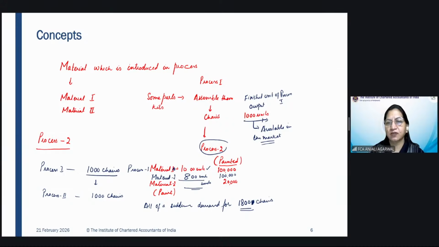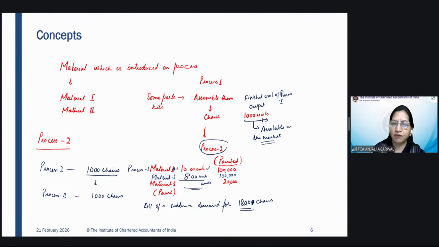So process one can also sell its product in the market, and if process two requires more units or if there is a demand for product, it can also get it from process one, and it can also purchase from the market.